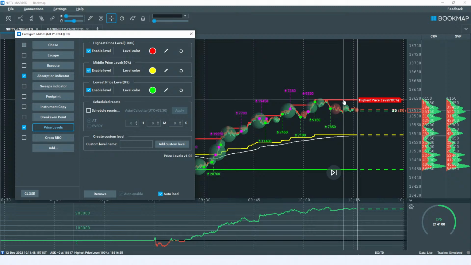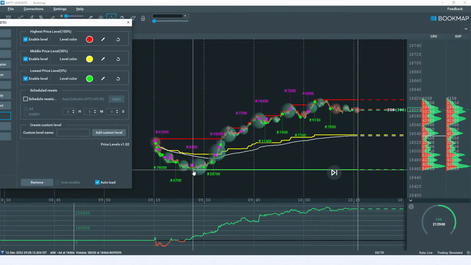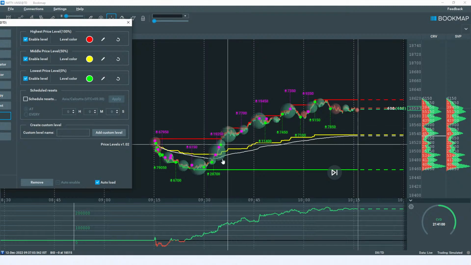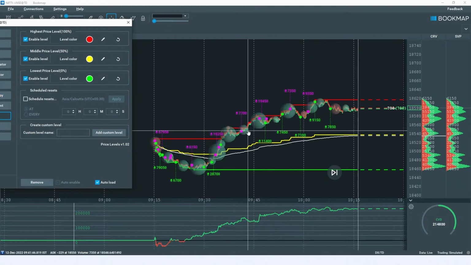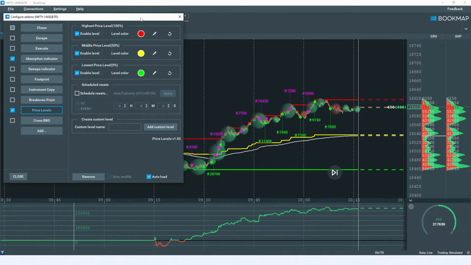As you can see, the present high is somewhere around 16,620, and similarly the low is 16,460 from the morning. From this particular level the low has not changed. That means there is an uptrend and price is presently trending in the upward direction. With this we can immediately notice the highest price level of today's market, and similarly the lowest price.